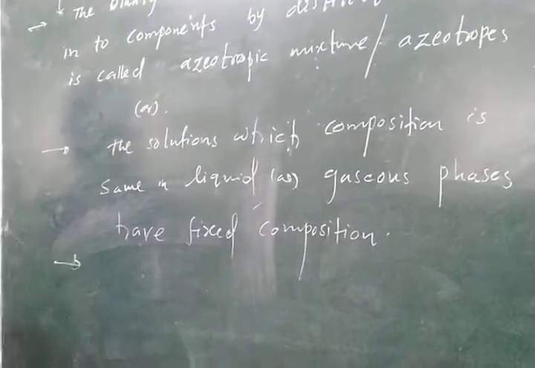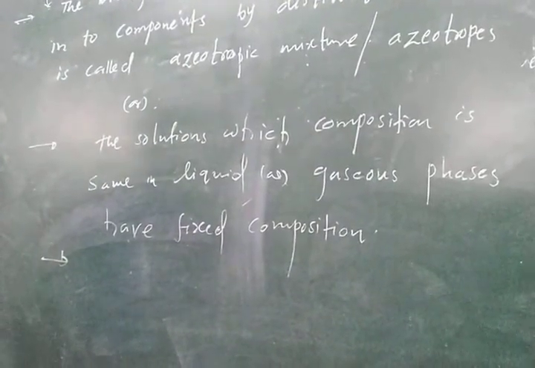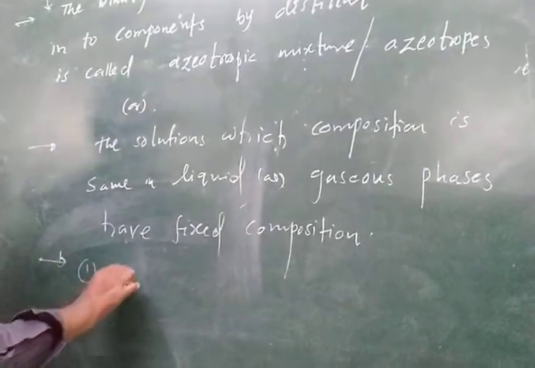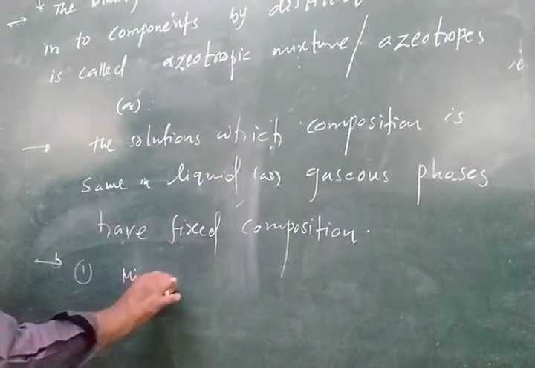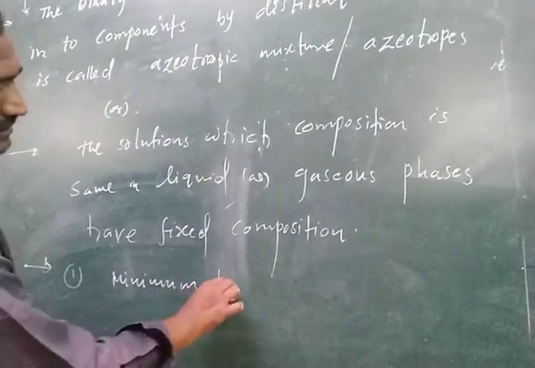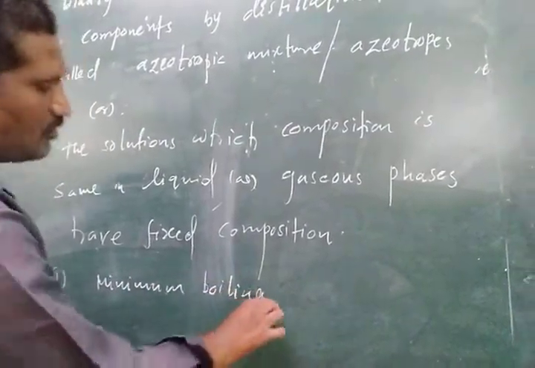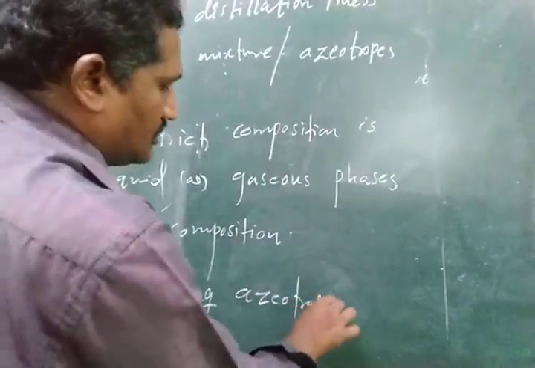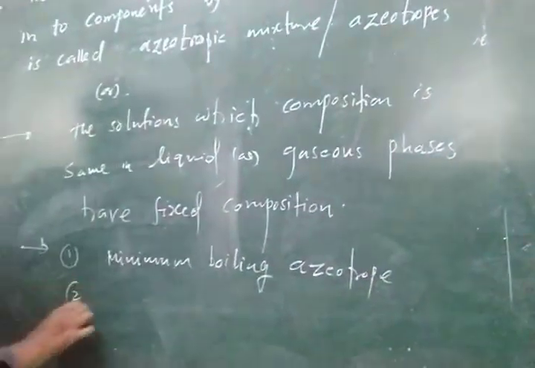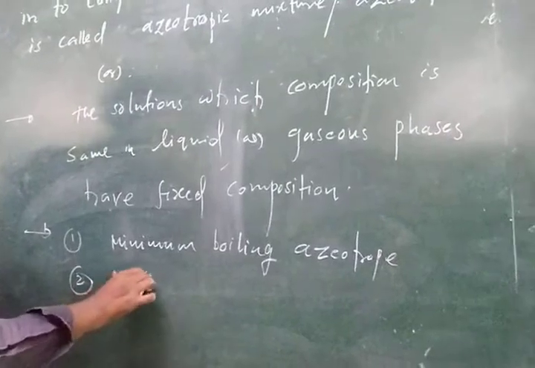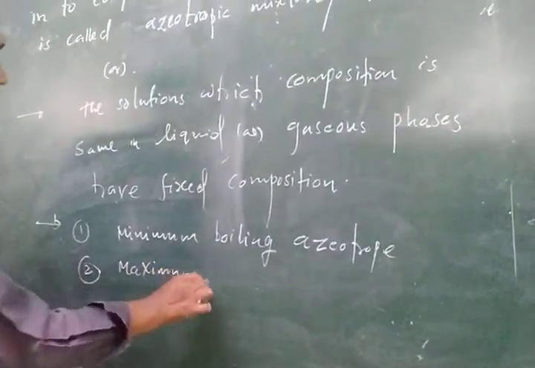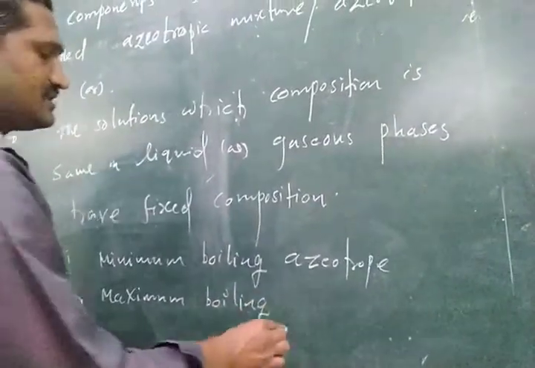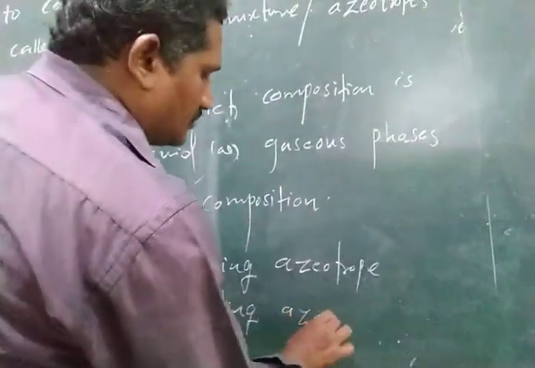So azeotropic mixtures are of two types. One is the minimum boiling azeotrope, and the second one is the maximum boiling azeotrope.